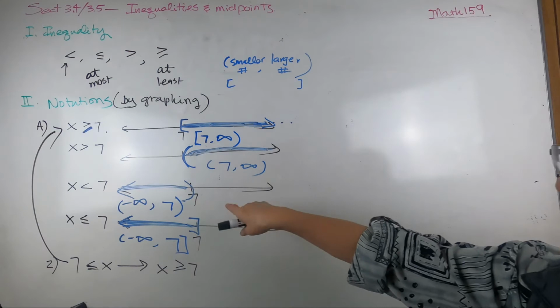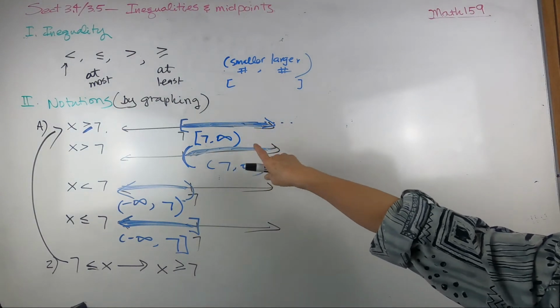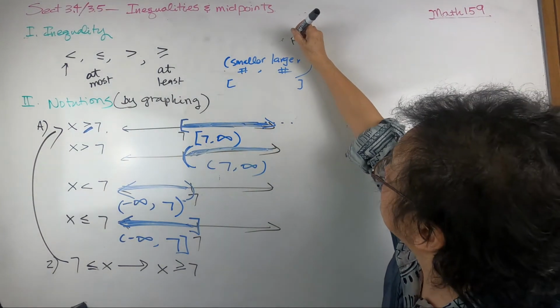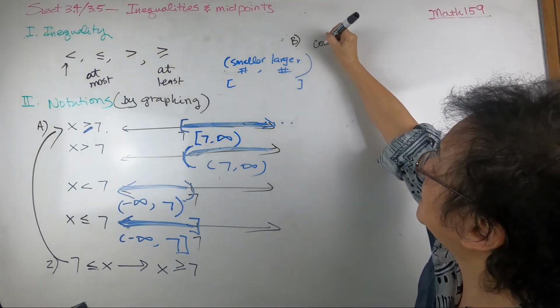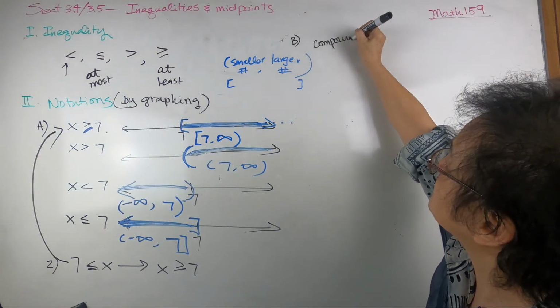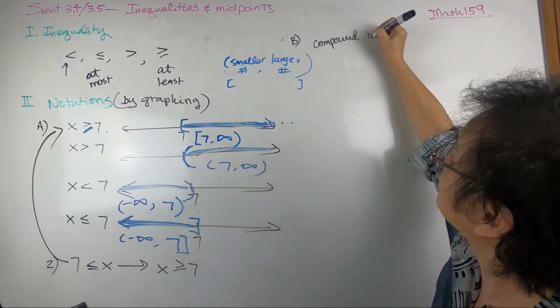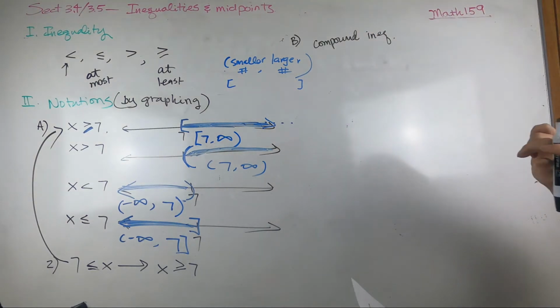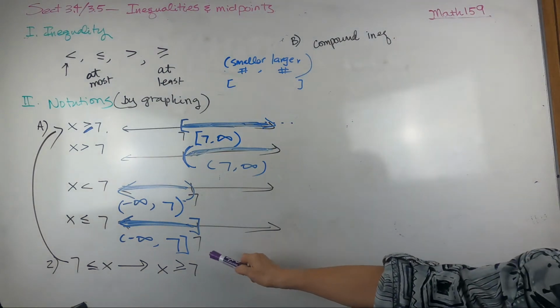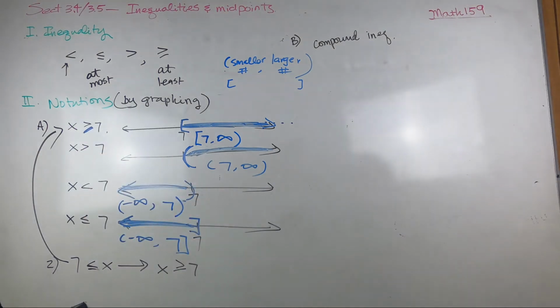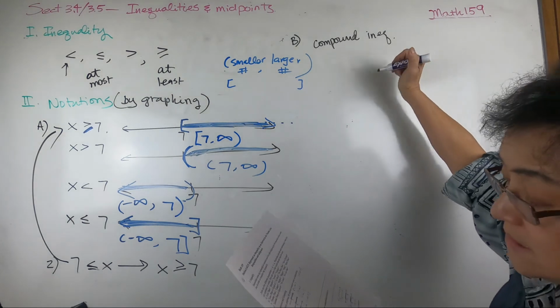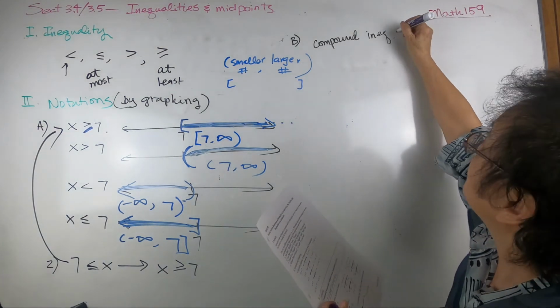And if just one variable is compared with another number, using one symbol, like here where you only have one inequality symbol, that is a simple inequality. But when you compound them, we call it a compound inequality.